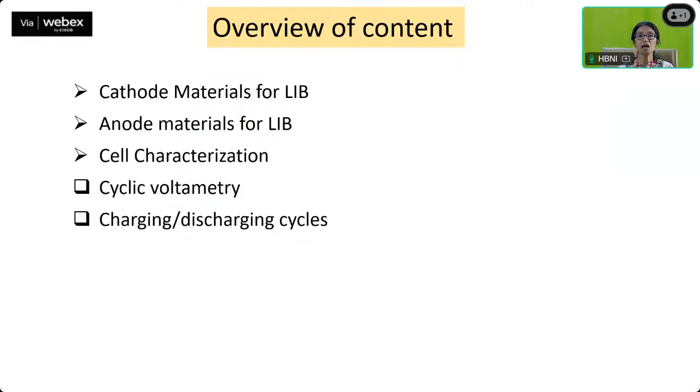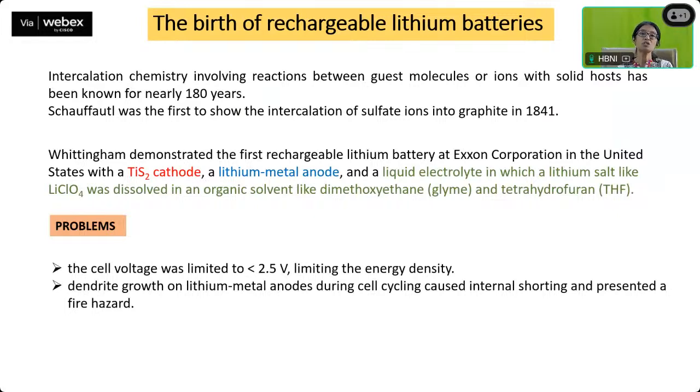If you remember, in the last class we had spoken about the different materials explored by Professor John B. Goodenough, Professor Whittingham and Professor Akira regarding the development of lithium-ion batteries. The birth of the rechargeable lithium batteries is actually indebted to intercalation chemistry.